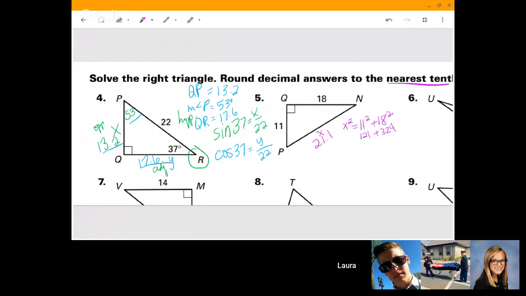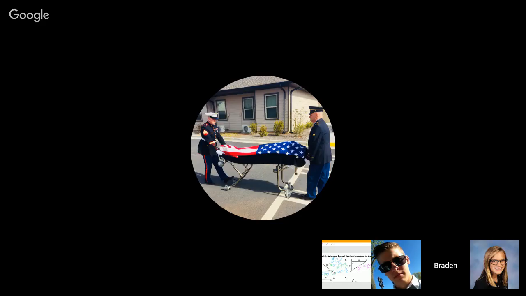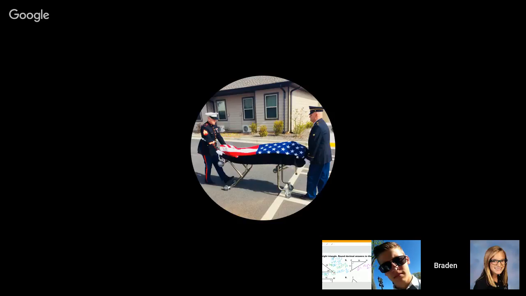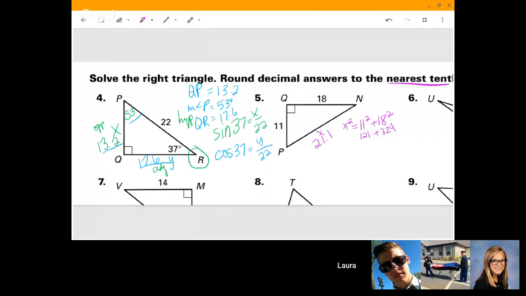But because the two legs aren't the same, 45, 45, 90 won't help. So if it's not a special one, to get the angles, you have to do the inverse trig, what we learned at the very beginning on that right side board yesterday. So remember, you set it up on your paper, but then your calculator does the work.